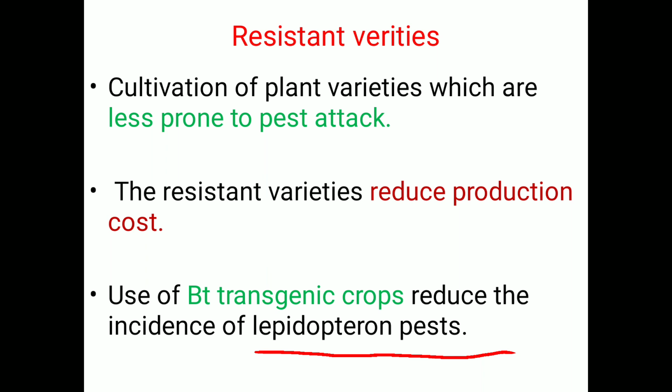If we use BT cotton for sowing, the cotton shows resistance against bollworm, which in Marathi is called bond ali. That cotton is protected from the bollworm complex. So this is about resistant varieties.